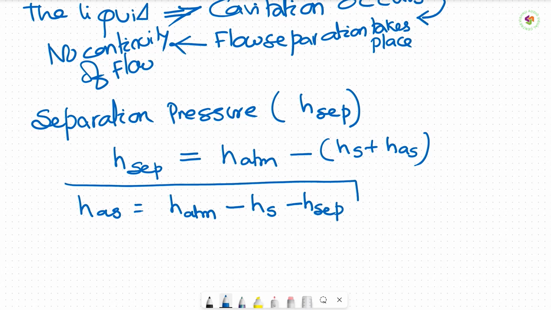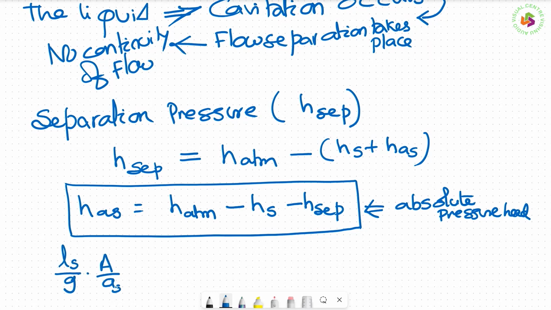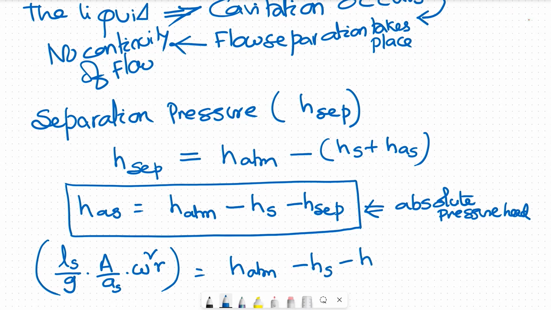This H separation is the vapor pressure of the liquid flowing, written in absolute terms. Therefore, at the beginning of suction stroke, Has is equal to omega square r, as cos 0 is equal to 1, which is equal to H atmosphere minus H separation.